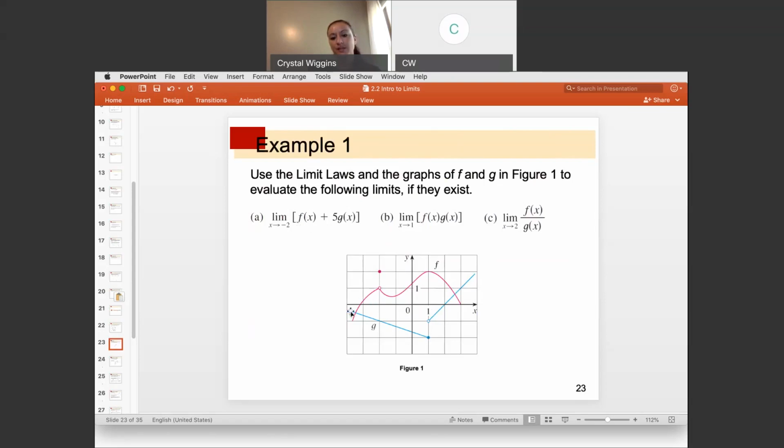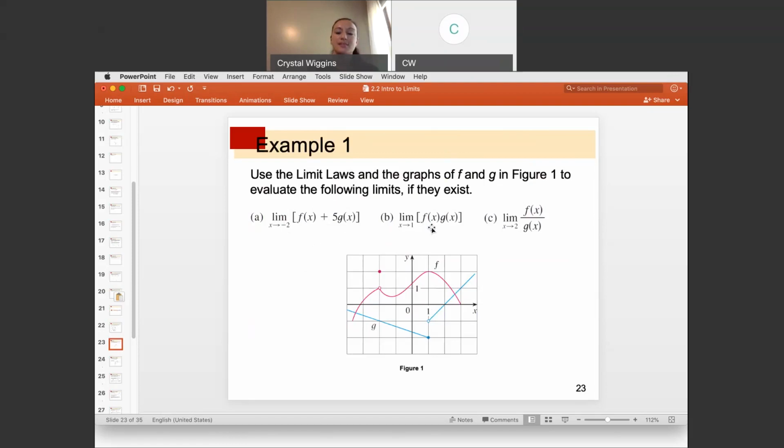Following from the left, I'm approaching a y value of -1. Approach from the right, I approach a y value of -1. So the limit as x approaches -2 of just g of x is -1. So now we have 1 plus 5 times -1. So that's 1 plus a -5. The overall limit is -4.